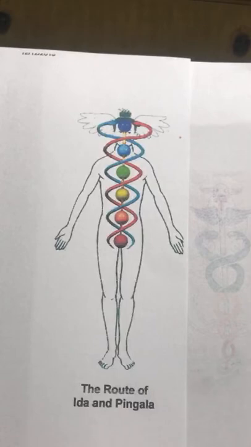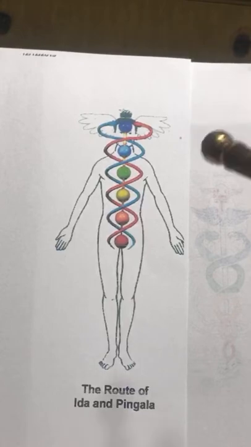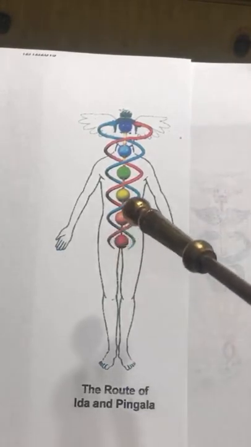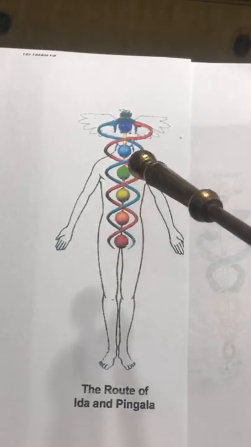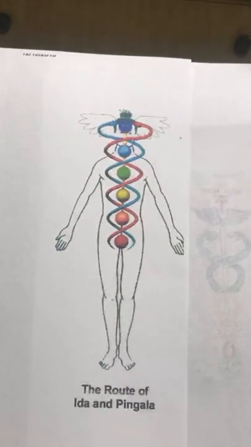Okay, and so he's not talking about the energy expanding, like in the caduceus you see up here, where you see the energy getting bigger and bigger as the chakras get cleared. Okay, just straight up and down primarily.